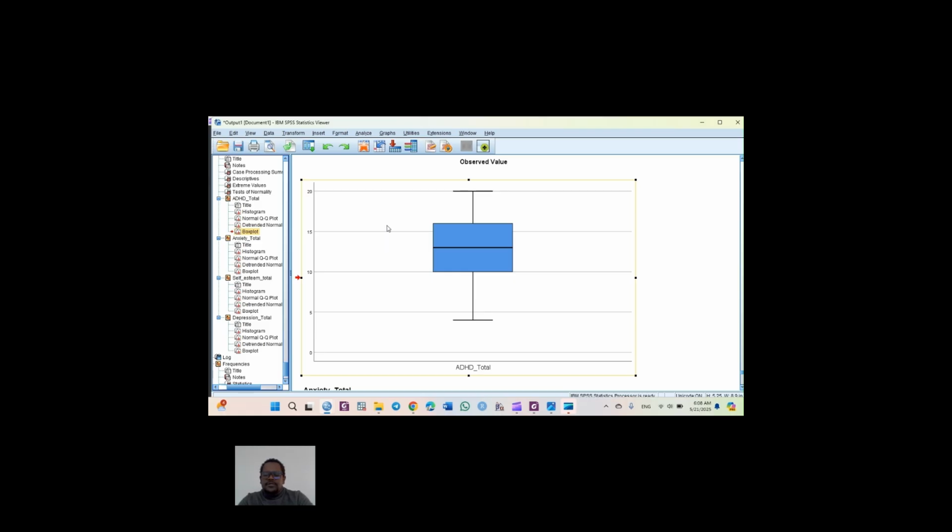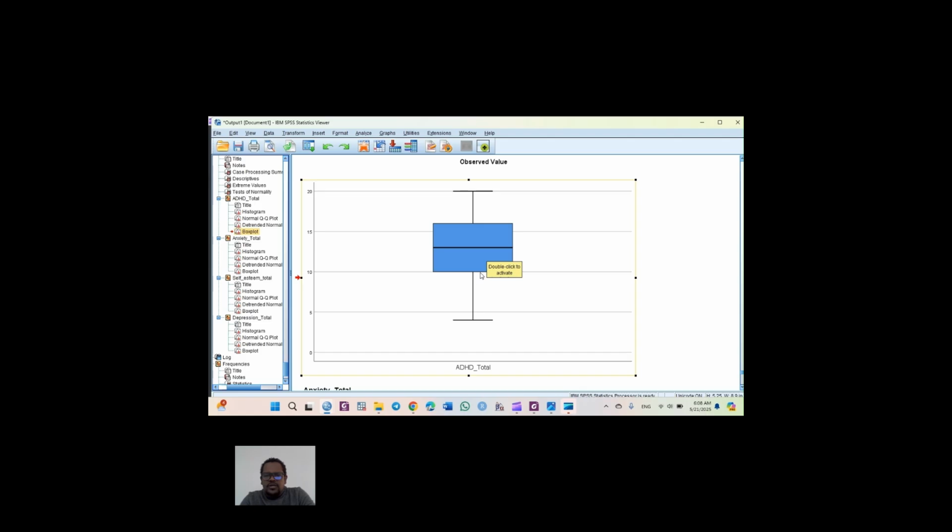The last graph we check for the data distribution is the box plot. Box plot is good to detect outliers. Let's discuss the anatomy of the box plot. The blue box shows the middle 50% of the data in our data set.